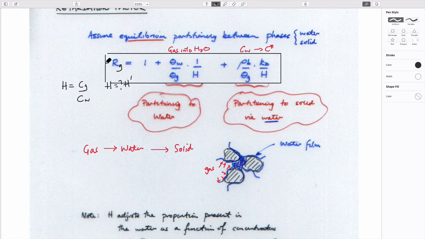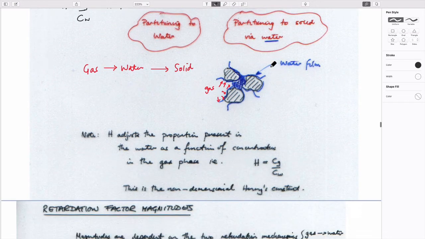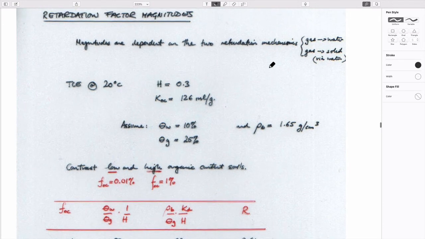And we can figure out what the magnitude of that would be if we know Henry's law coefficient, if we know the volumetric moisture content and gas contents, and the characteristics of our aquifer in terms of gas contents and KD. And so if you just take a material TCE, which we use because we use it later on today, if we assume that we know the non-dimensional Henry's law coefficient, which just says, if you rewrite this as concentration of gas over concentration of water, that the concentration in the gas is 0.3 times the concentration in water.